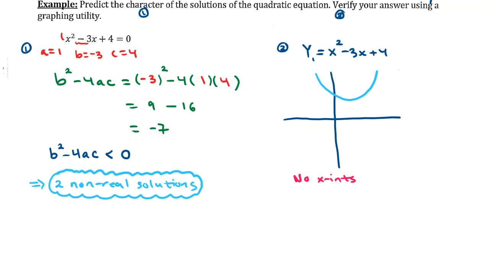And anytime you have a graph with no x-intercepts, specifically a parabola with no x-intercepts, what it means is that there are no real solutions. I'll say no real solves for short, which implies that we're going to have two non-real solutions.